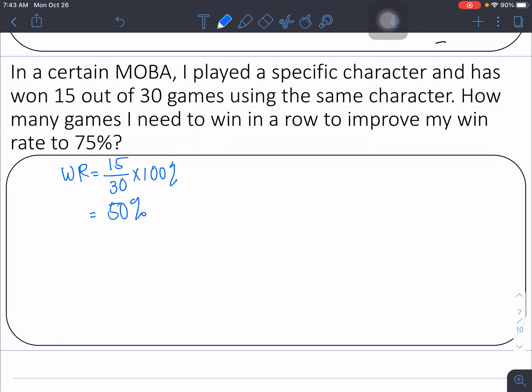Now, the situation we would like to deal with here is how many games I should win in a row, a winning streak, to improve my win rate. I would like to improve my win rate to 75%.